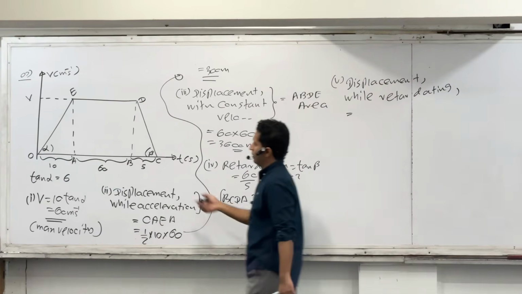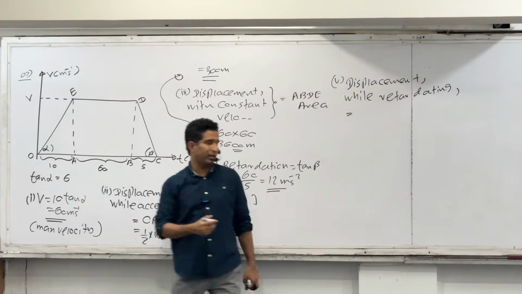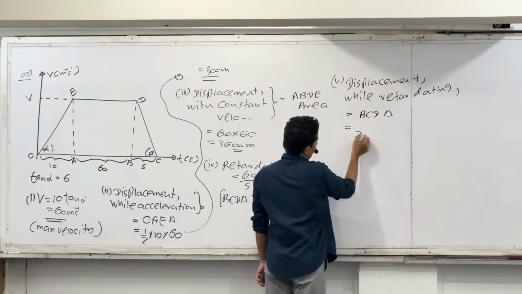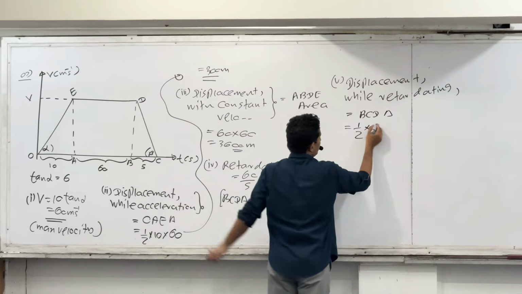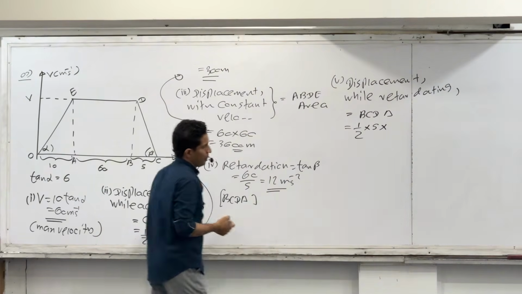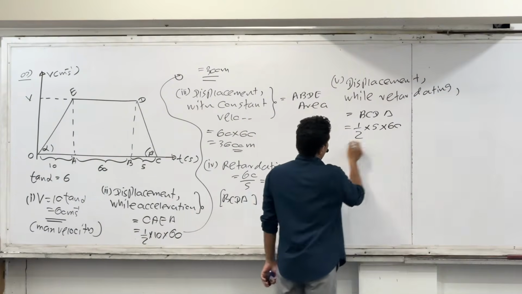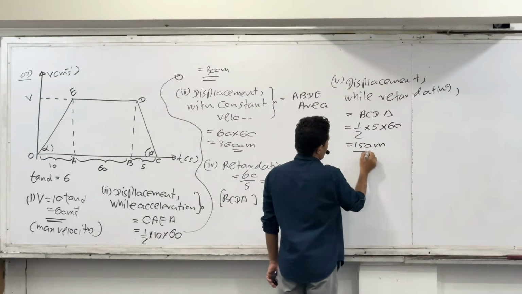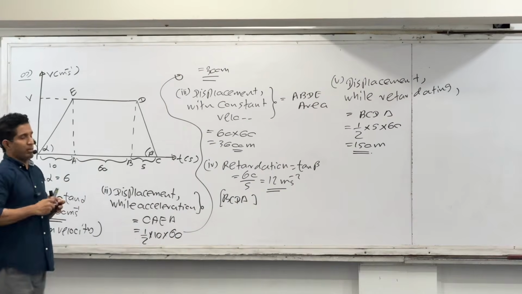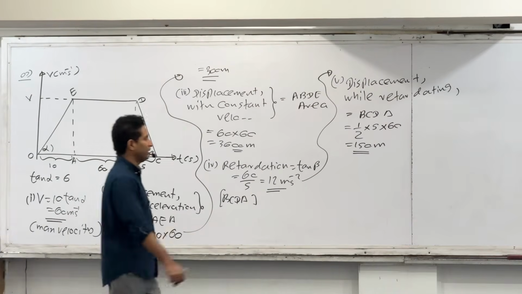This is the BCD triangle area. Now this is half into 5 into V, which was 60. Now 150 meters. Okay. Hurry.